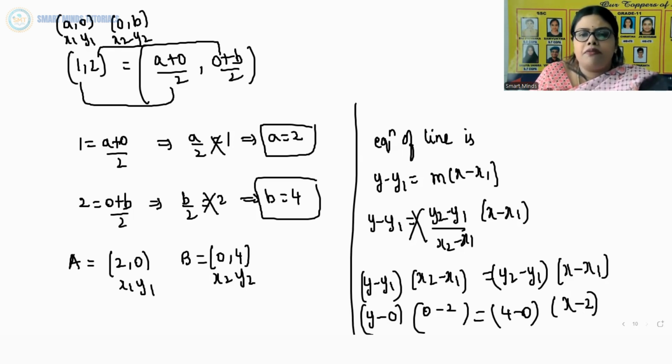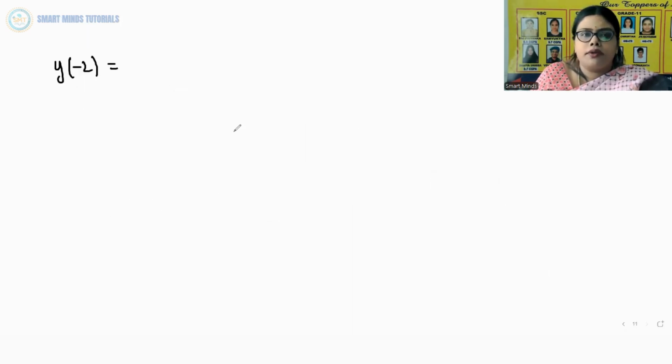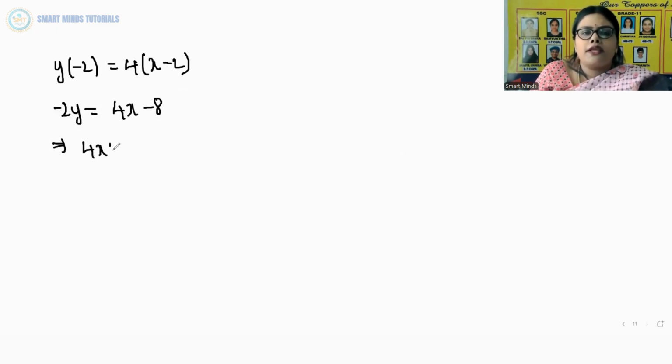So if you simplify this, what will you get? y into minus 2 is equal to 4 into x minus 2. Open the brackets, minus 2y is equal to 4x minus 8. Take all terms to one side. 4x plus 2y minus 8 is 0. If you take 2 common, 2x plus y minus 4 is 0. This is the final equation.